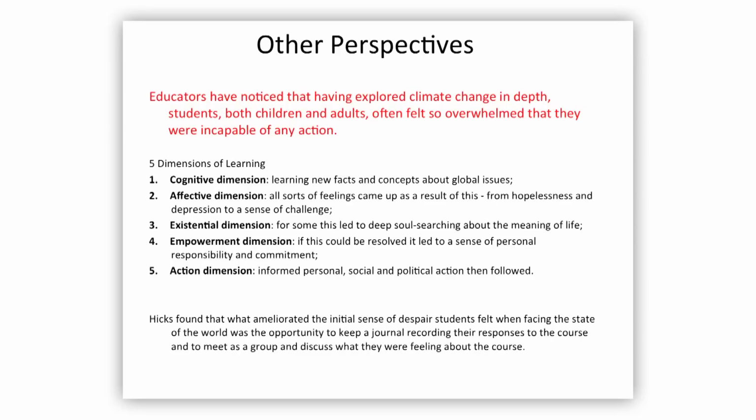And this is just from another study that suggested that there were 5 dimensions of learning about climate change, and that when students, whether they were children or adults, explored climate change in depth from a cognitive perspective, they felt so overwhelmed that they were incapable of action. And so I think that it's important to try to avoid that in our teaching.